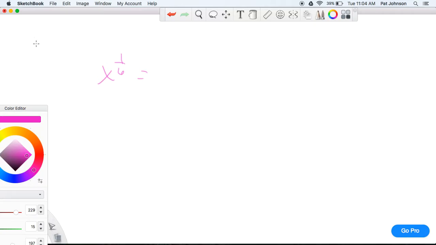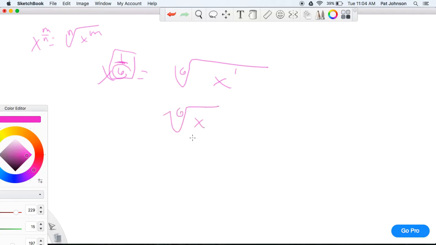Remember we said x to the m over n is equal to the nth root of x to the m. So we're going to have a radical sign because we have an exponent as a fraction. So that's the first thing. What's our base? x. What's our index? It's the denominator, 6. What's our power of our base? 1. So this is the 6th root of x.